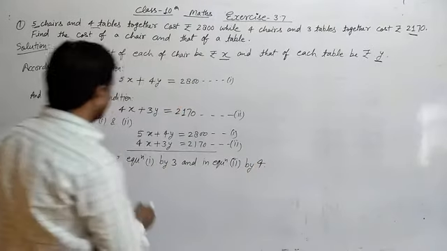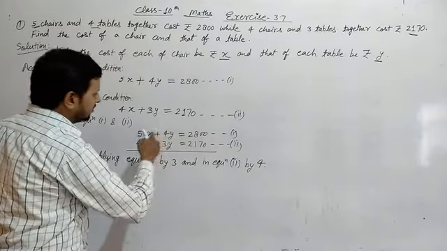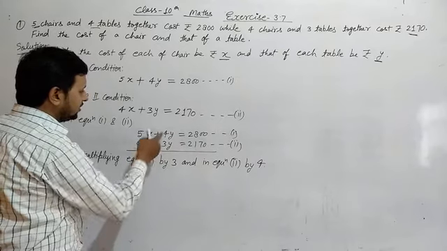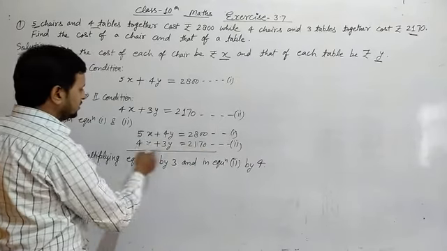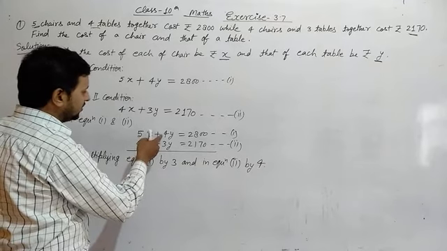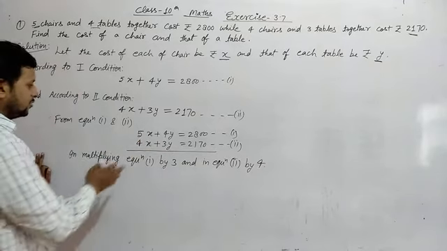Means in the first equation we have to multiply by 3, and in the second equation we have to multiply by 4. It's right.